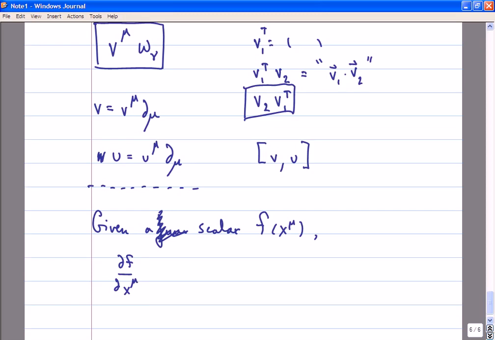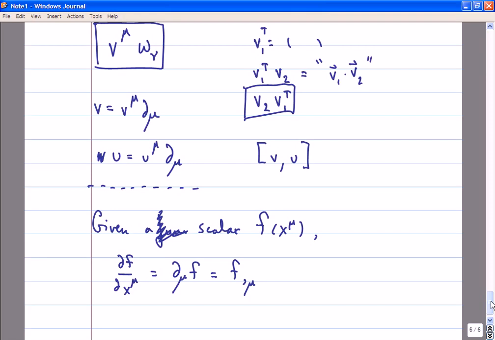Sometimes I'll use a notation, as I said before, and refer to this as d mu of f. Sometimes, in fact, I will be even lazier, although you didn't think that was possible. Sometimes I will be even lazier and use the notation f with a subscript comma mu to refer to this derivative. This is really, I think, the maximally lazy notation possible. Actually, that's not true. The Penrose index notation is even lazier, but beyond the scope of this course.